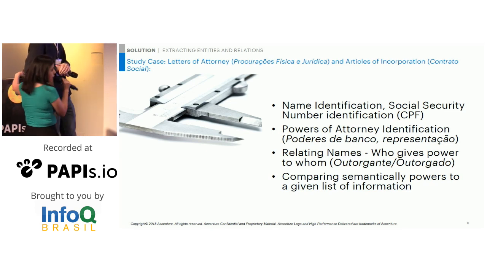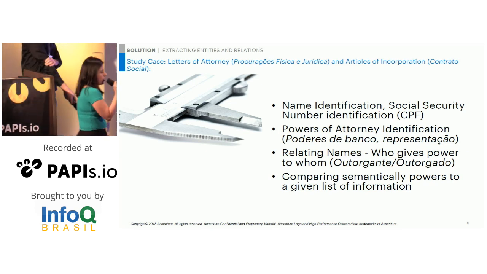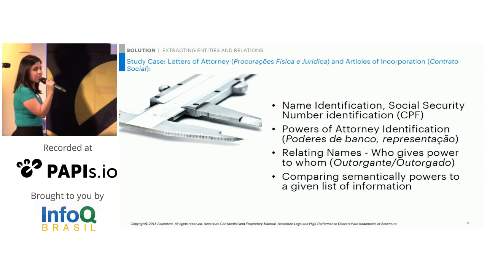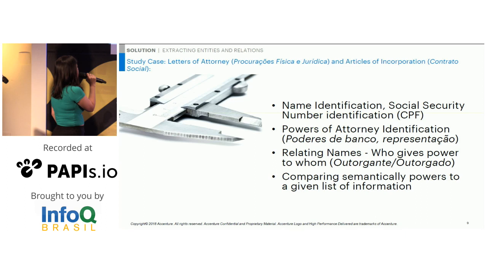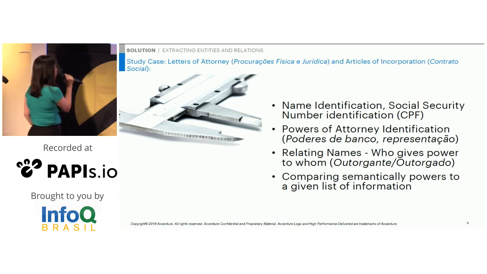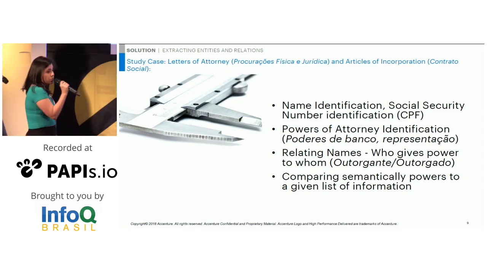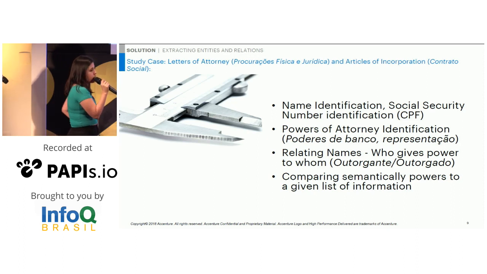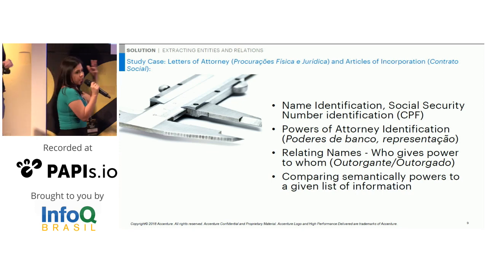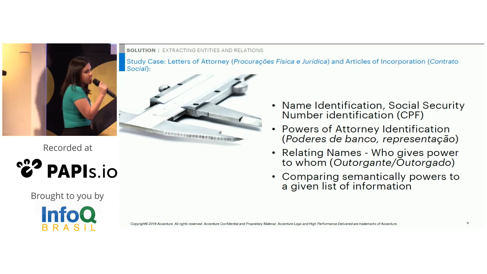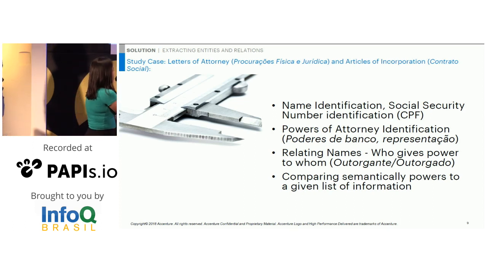Okay, so we came up with this pipeline because we had a case study. We had something called letters of attorney, which in Portuguese are procurações física e jurídica, and articles of incorporation, contrato social. We did some research on the internet to make sure there were terms to translate into English, because we are dealing with Portuguese documents.